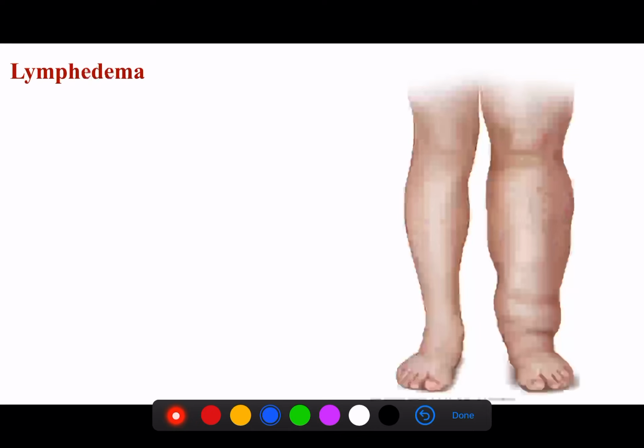Sometimes it is due to infection, or a tumor cell embolism that obstructs the lymphatic node and leads to lymph accumulation, and the lymph fails to collect excessive fluid from the body, so fluid accumulates within the body as edema. As in this picture, we see the left leg enlarged compared with the right one. This is enlarged due to edema.